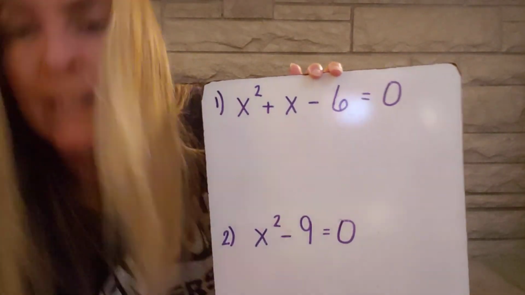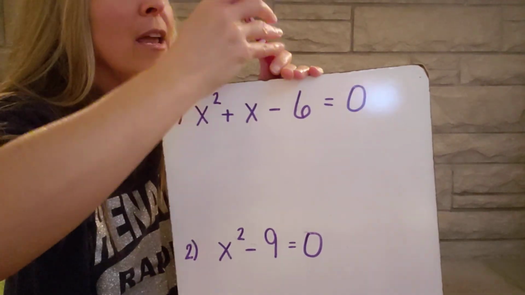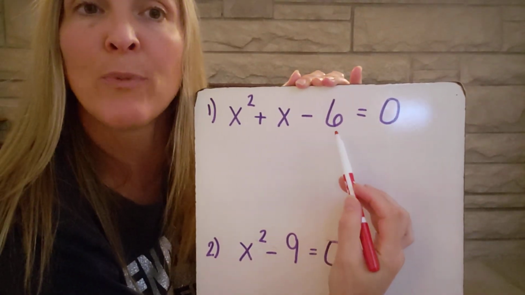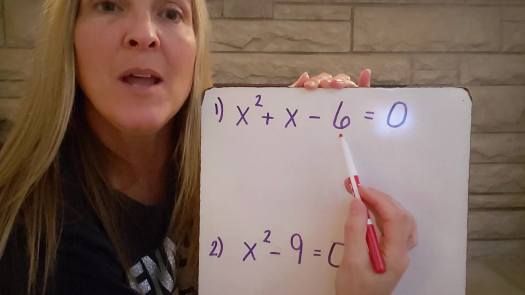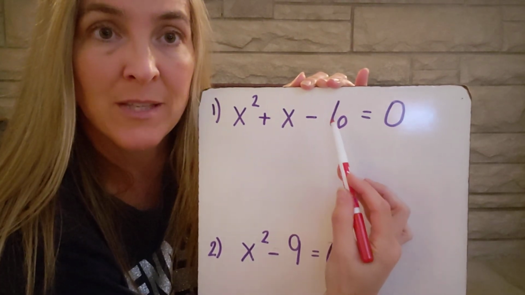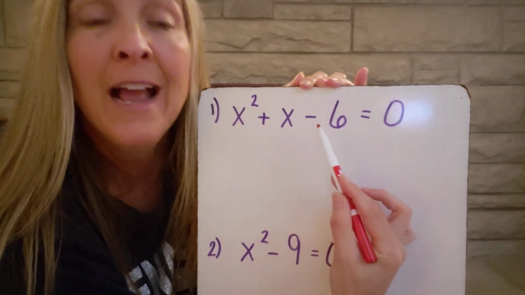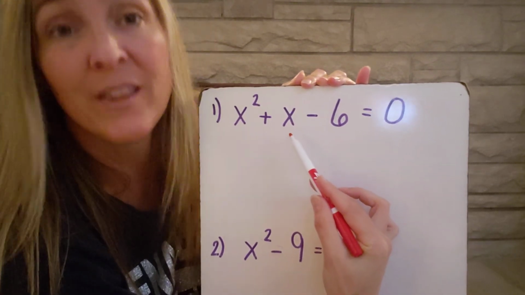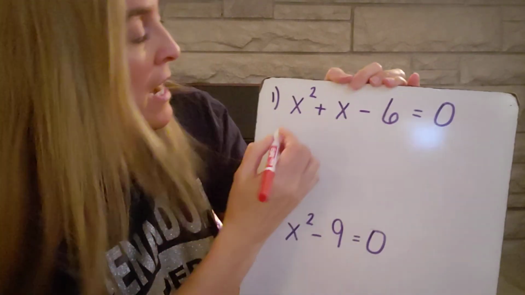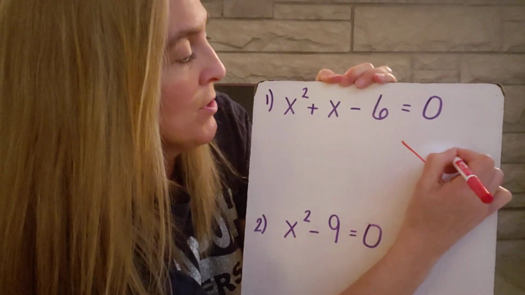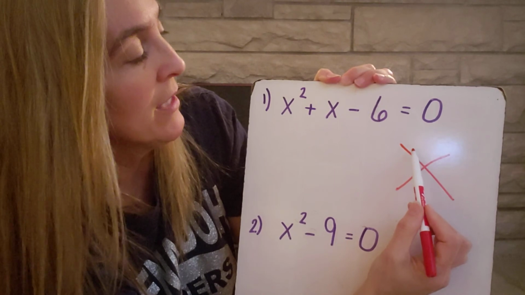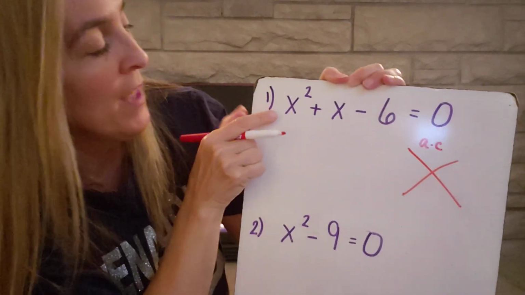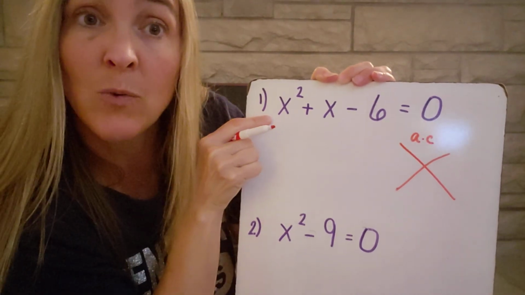When I look at this, I recognize that factors of 6 are 1 and 6 and 3 and 2. Well, if I end up having to subtract, because this is a negative 6 right here, 3 times 2, the difference is 1. So I know that this is going to factor. So for me, I would look at this and I would say, okay, here's my x. Remember, the top is your a times your c. The a is going to be a 1. That's your x squared coefficient.